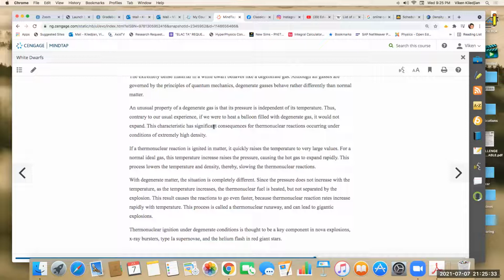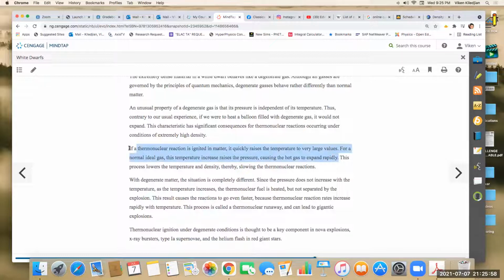This characteristic has significant consequences for thermonuclear reactions occurring under conditions of extremely high density. So if a thermonuclear reaction is ignited in matter, it quickly raises the temperature to very large values. For a normal ideal gas, this temperature increase raises the pressure, causing the hot gas to expand rapidly, you see?